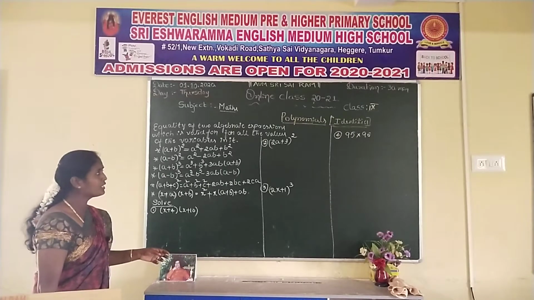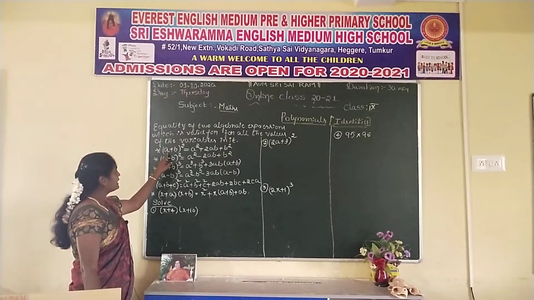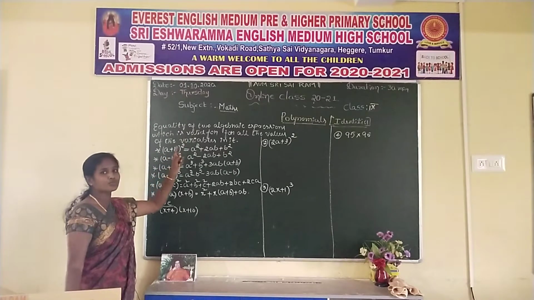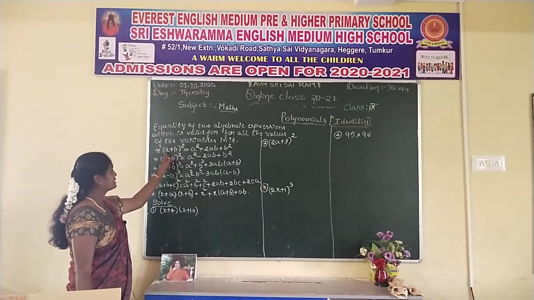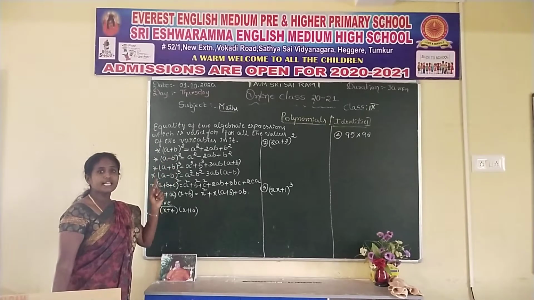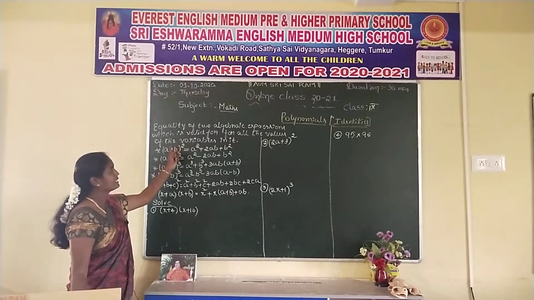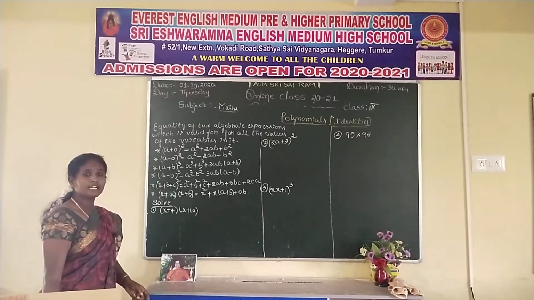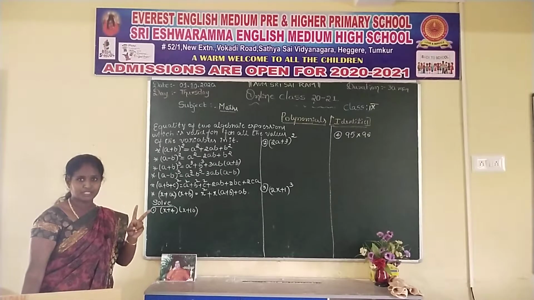Commonly we are using some identities. The first identity is (a plus b) whole square. Here we used two variables, a and b. While defining the meaning of an identity, we use two algebraic expressions.